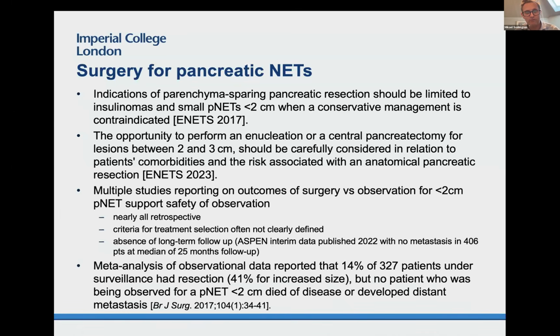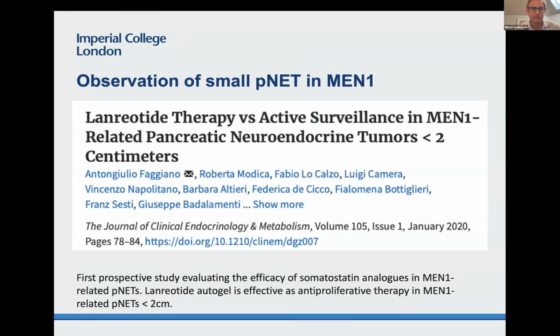But we do now have the interim report from the ASPEN trial, which was published in 2022, and that followed 406 patients with PNETs less than 2 centimeters treated conservatively, and none of those patients developed metastasis at a follow-up of 25 months. So that seems reassuring, that we can treat these patients in that way. And there's a similar meta-analysis of observational data that supports that thesis.